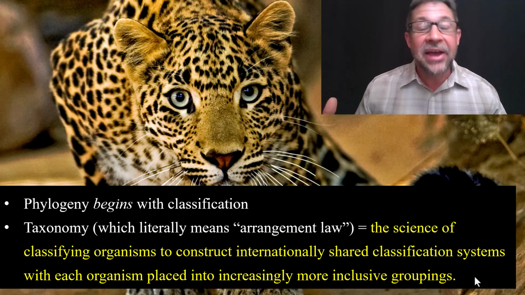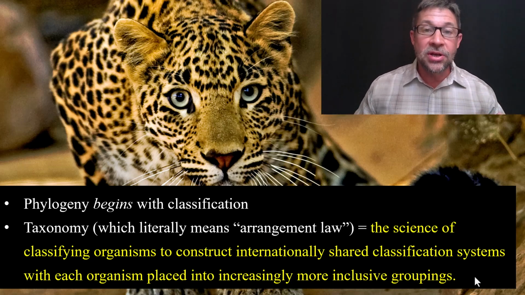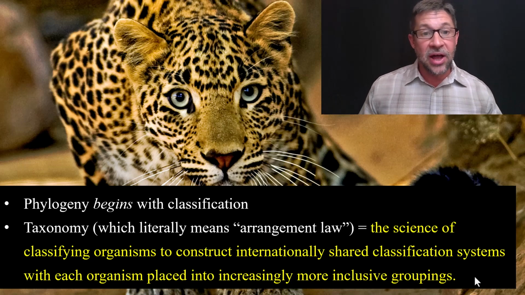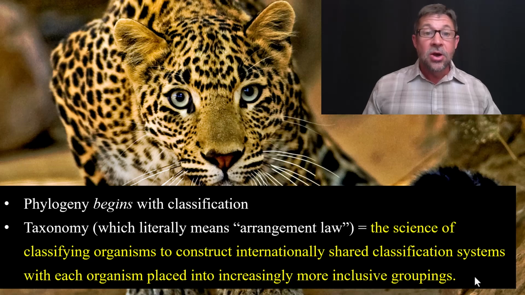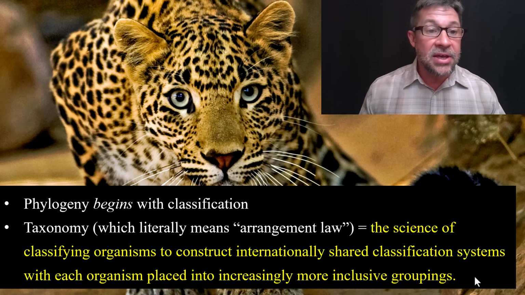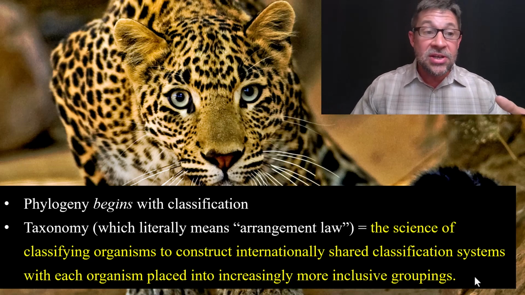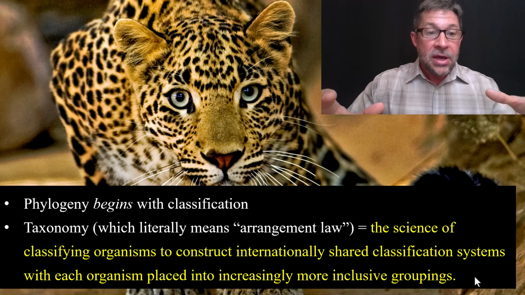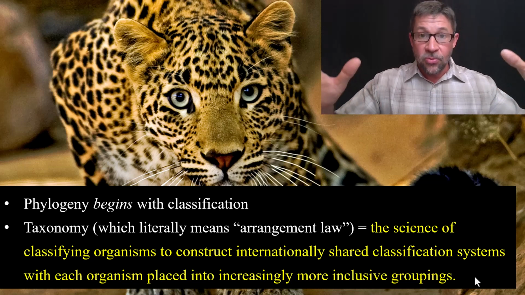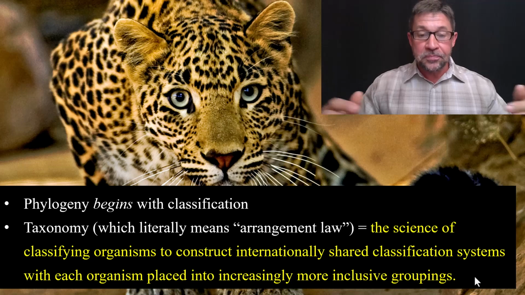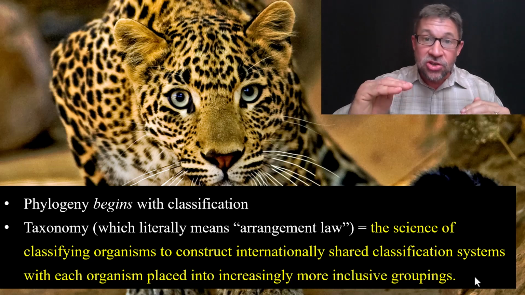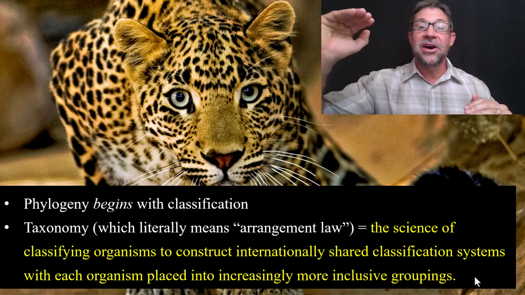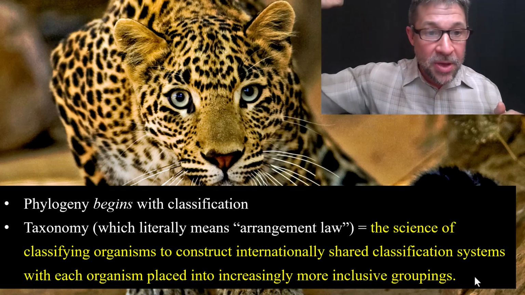But it's the science of classifying organisms to construct internationally shared classification systems, with each organism being placed into increasingly more inclusive groups, right? As we go from species, genus, all the way up to kingdoms and domains.